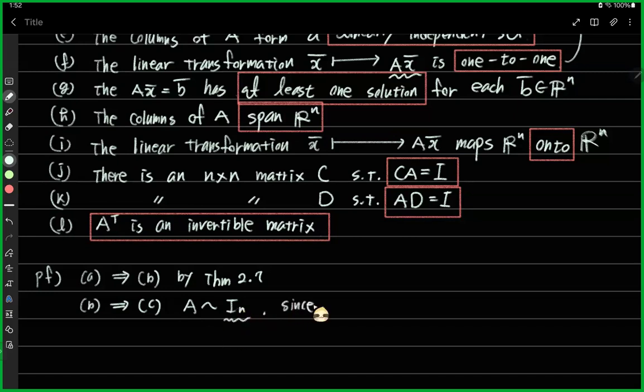I_n has n pivot positions, right? A has n pivot positions too, because A and I_n are row equivalent.